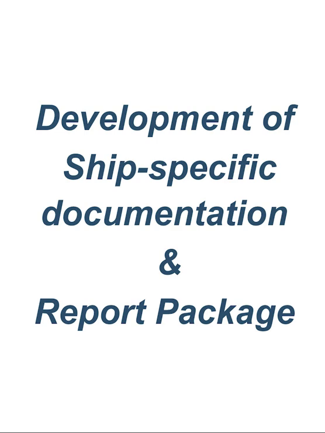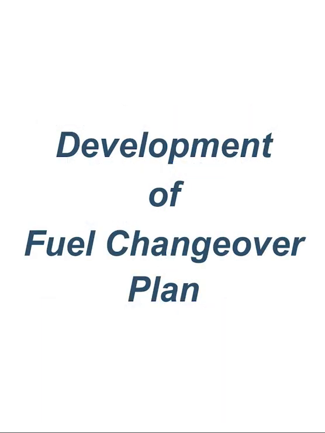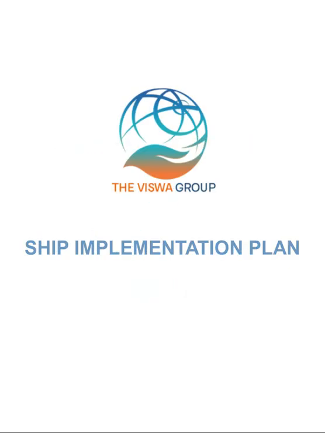And fourth and last will be the development of fuel changeover plan. I will quickly run through the features of each of these 4 sections. They will also be showing up on the screen for you to read.